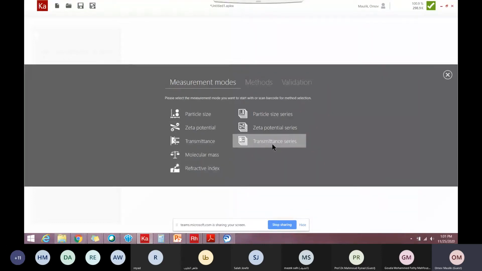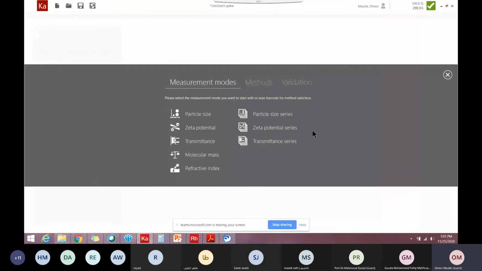Also, in case you want to do some sort of in situ experiments, you can do it using these options: particle size series, zeta potential series, or transmittance series. So even if there is some sort of phase transformation with respect to temperature or time, you can actually perform these measurements.